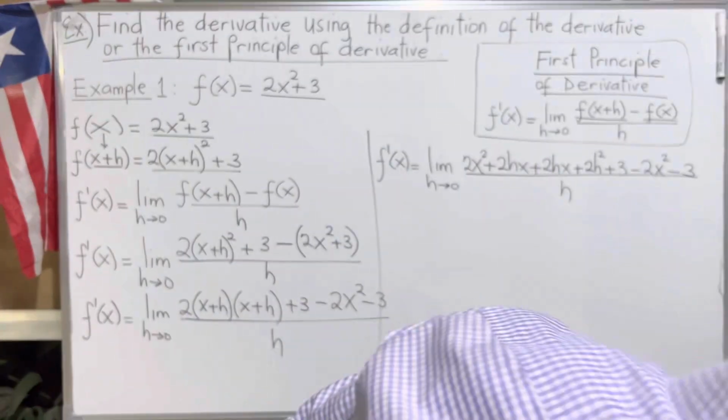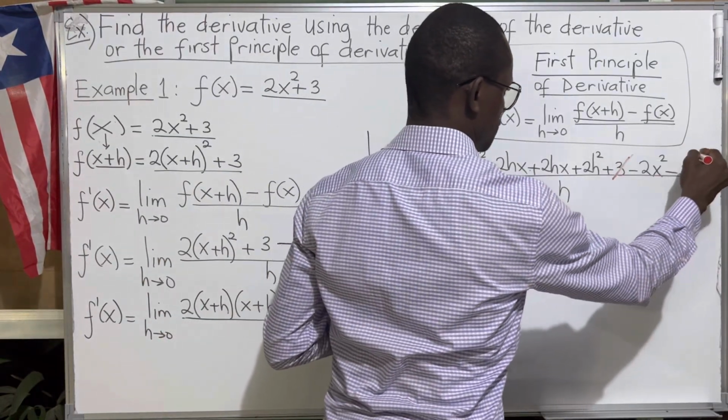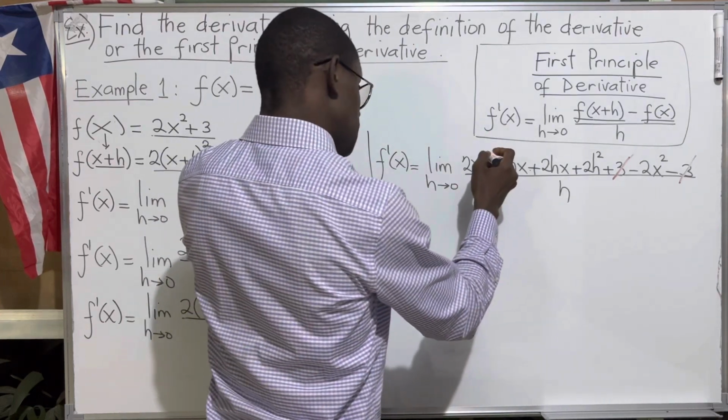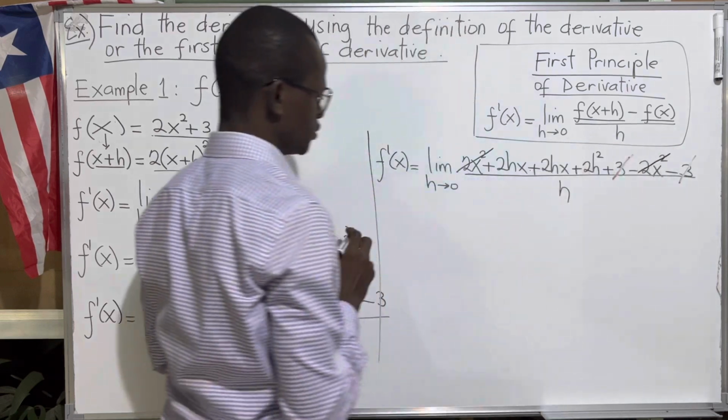So what we do now is that we can cancel this expression. What else again? The first term, 2x squared, this one minus 2x squared can go out.